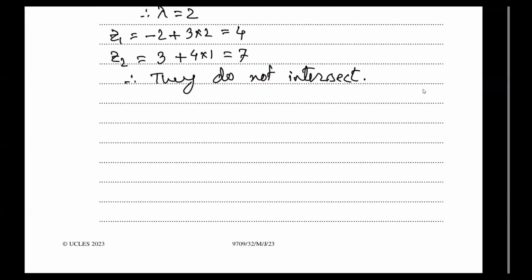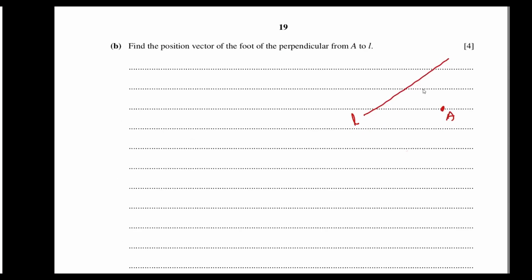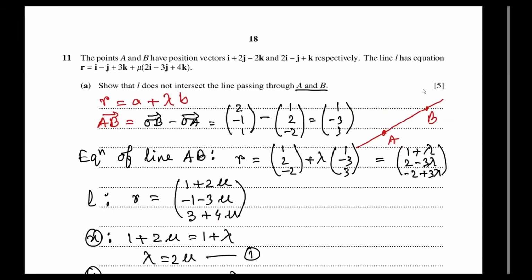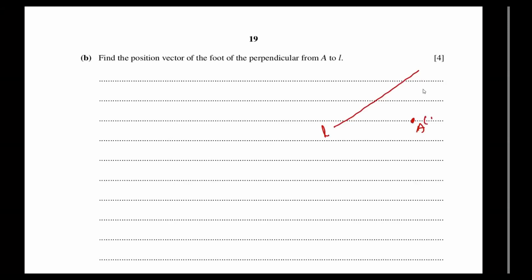Now, let's move on to the next part. Find the position vector of the foot of perpendicular from A to L. Remember, let's roughly draw the diagram. A is here and L is there. Now, position of A is (1, 2, -2).